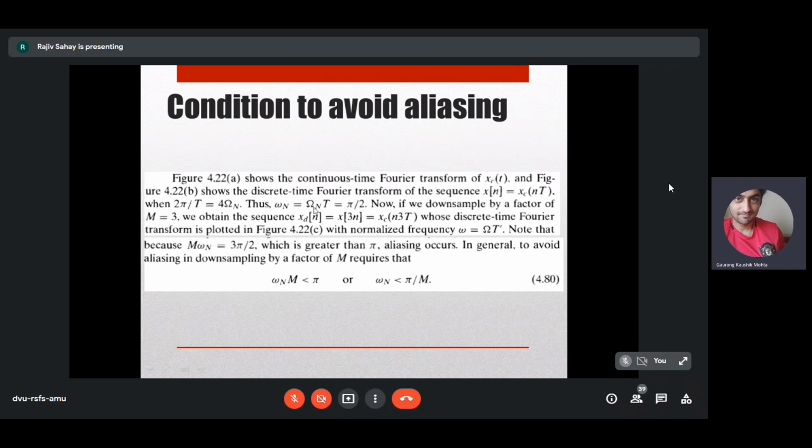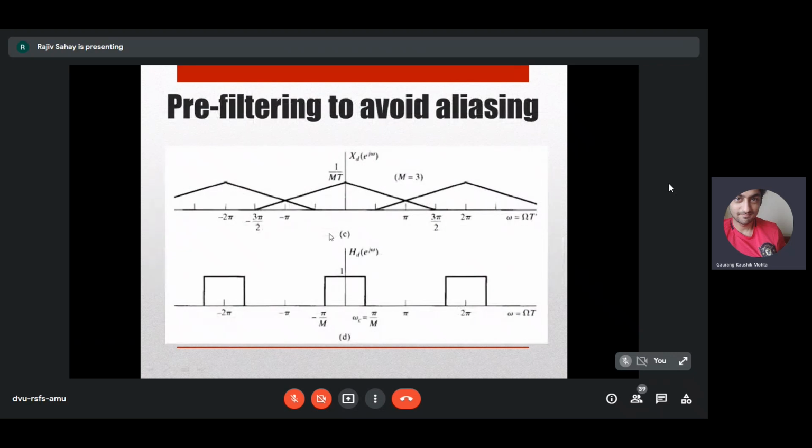Okay, so omega N is equal to pi by 2. So if you downsample by a factor of M equal to 3, then we get xd of n equal to x of 3n, and this will be the plot. So pi by 2 will go to 3 pi by 2. So it is crossing pi and entering 3 pi by 2.